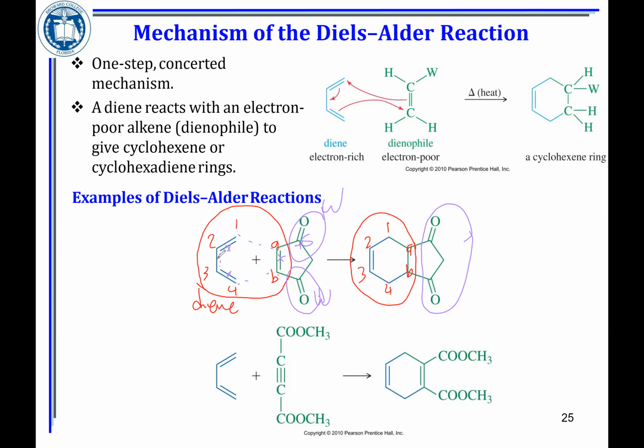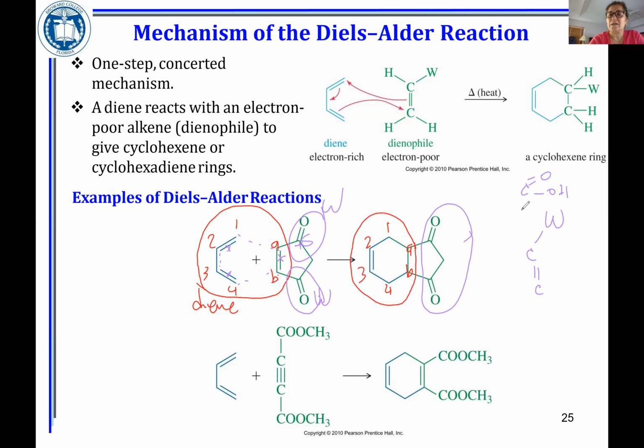Professor, can you just repeat what makes a good dienophile? What makes it a good dienophile is the presence of an electron withdrawing group attached to the dienophile. So if you have a CC double bond, that is a dienophile. But W represents an electron withdrawing group. It's not a group on its own. So it can be a COOH.